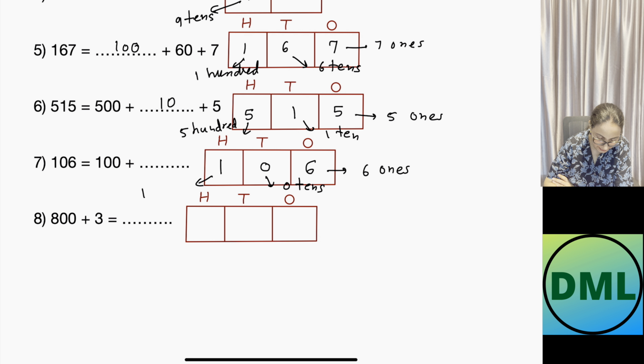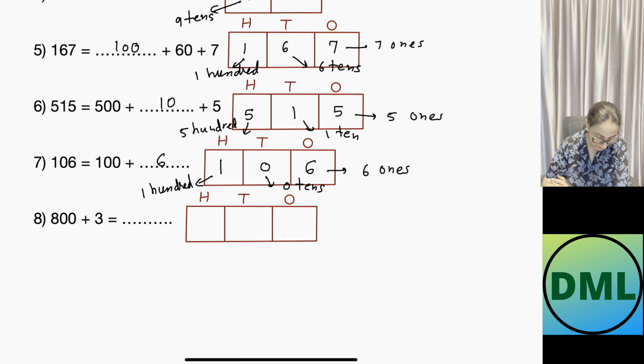This 1 will be written as 100. 6 ones is basically 6 times 1, which is 6. Is it there? No, right? Let's add it here. This is 6. 0 tens is 0 times 10. If you multiply any number with 0, your answer is 0. So there is no addition here. If you add 0, it doesn't make any difference. So we don't write 0 here in the addition. 100 is written as 1 times 100, which is 100, which is here. So our missing number is 6.